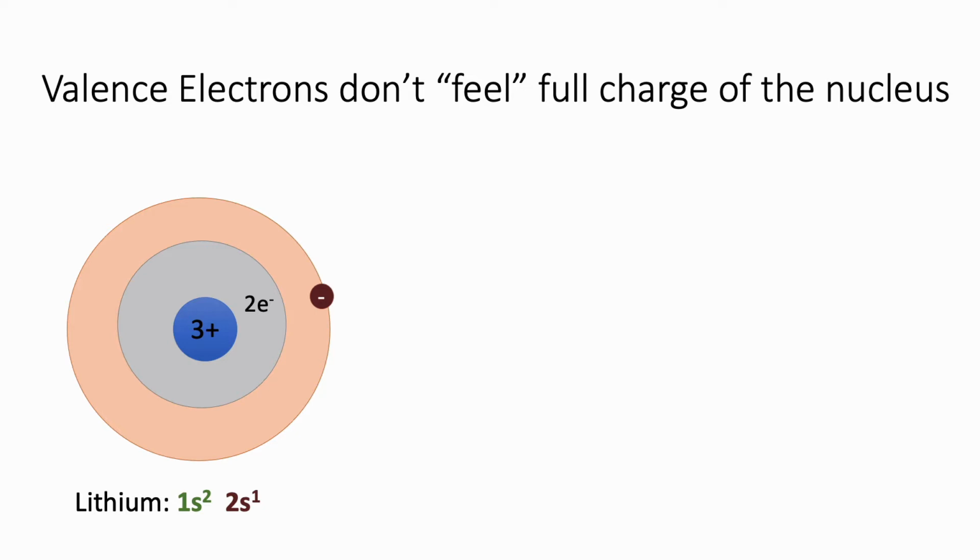And that's basically that valence electrons don't feel the full charge of the nucleus. So in this case, what this is saying is that the force between our valence electron, which here is in the 2s shell, and the nucleus, which has a +3 charge, is not going to be as strong as if there were no electrons in that 1s shell.